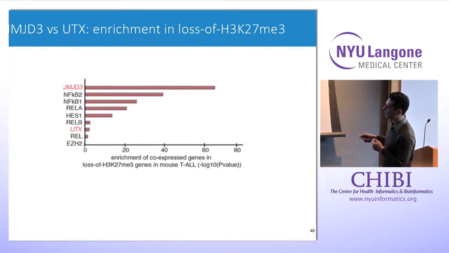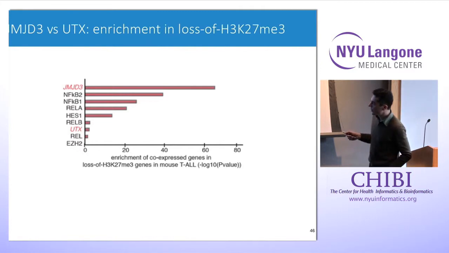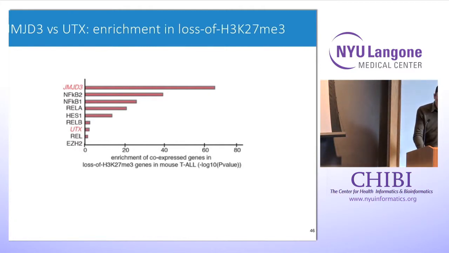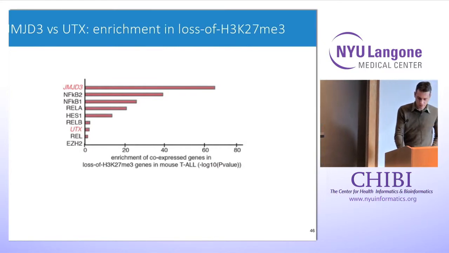And this is really striking. You can see Jumanji is on top, UTX is not even close. Of course, EZH2 is a repressor, so it shouldn't be, so it's a nice negative control. And a positive control is NF-κB, which Yannis' lab has shown to be activated by Notch. So all that was really convincing to us.